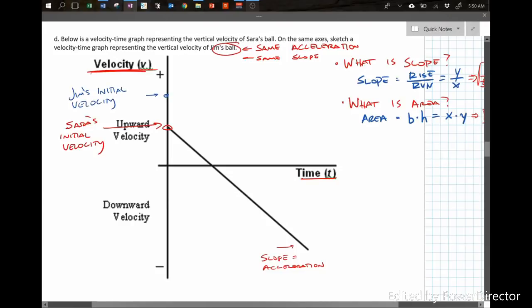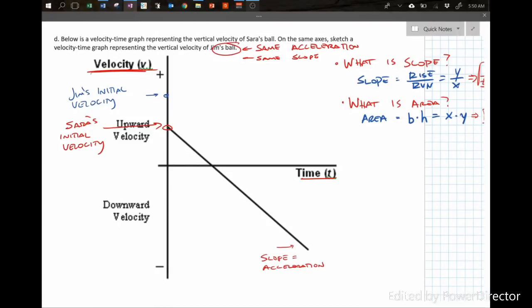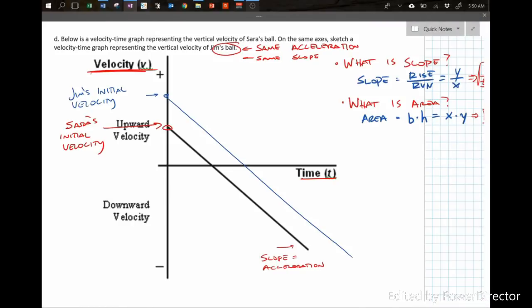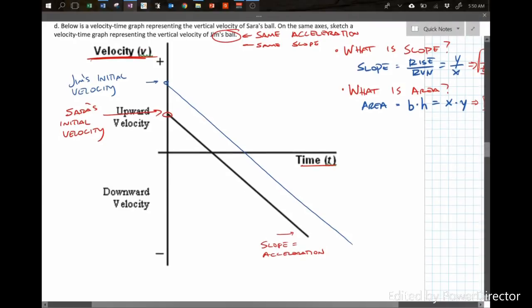Because we're talking about the vertical direction, Jim has a greater initial velocity with the same slope. So Jim's motion is going to look something like that. Same slope, so it's parallel, and Jim has a greater initial velocity, so he starts off at a higher number.